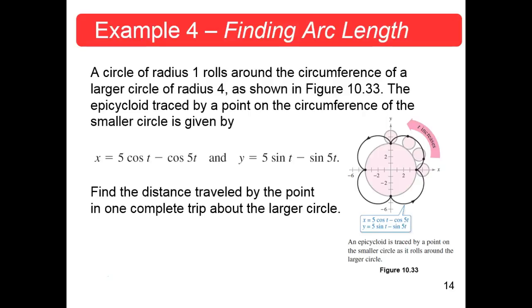Find the distance traveled by the point in one complete trip around the larger circle. Okay, now, you tell me what your first approach to this would be. How would you begin that problem?